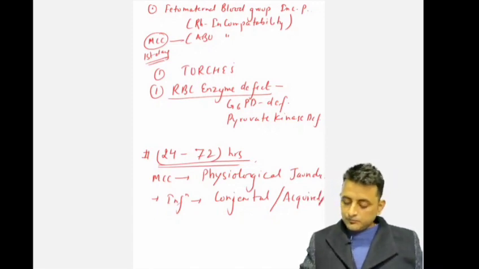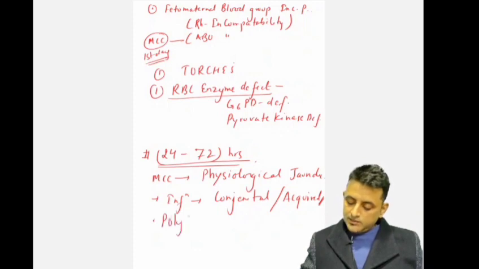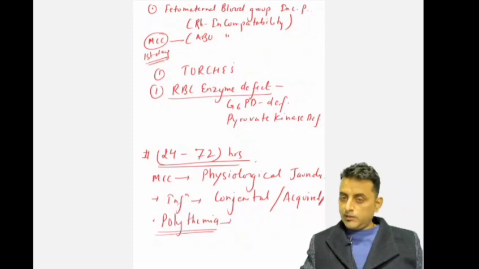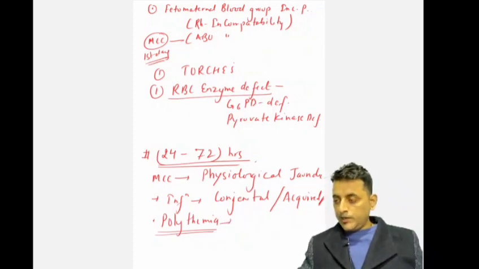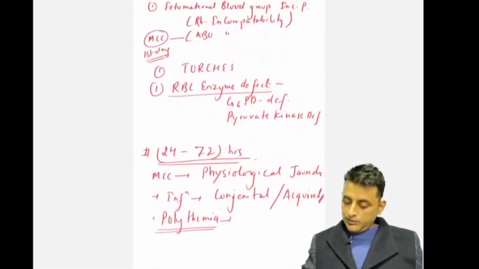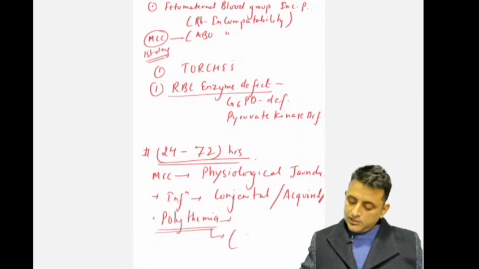Can polycythemia cause jaundice? Yes. In polycythemia, the RBC mass is high, and when they are destroyed, they release bilirubin. So there is more chance in a small for gestational age (SGA) baby.